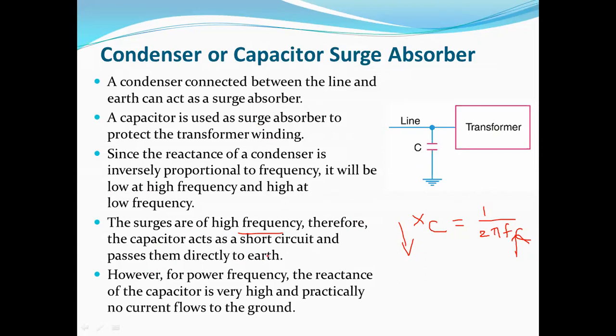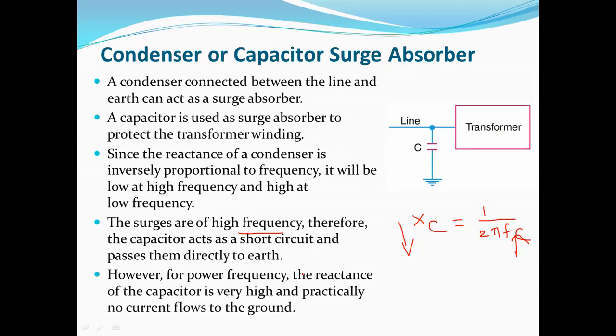Therefore the capacitor acts as a short circuit. How? Because if the frequency increases, the reactance becomes very low, almost zero, and the capacitor acts as a short circuit and passes the surge directly to the earth.